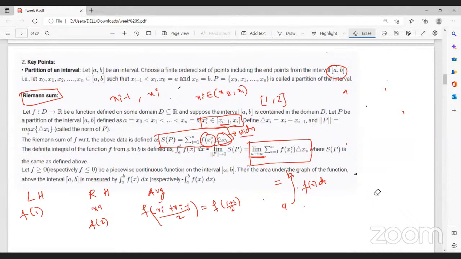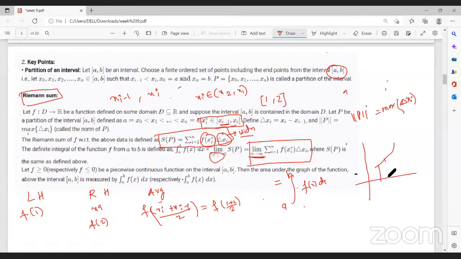So when n tends to infinity, if we increase the number of rectangles, the width will get decreased, right? So what is my norm of p here? The norm of p will be the maximum of delta xi. Okay, so this is my curve.